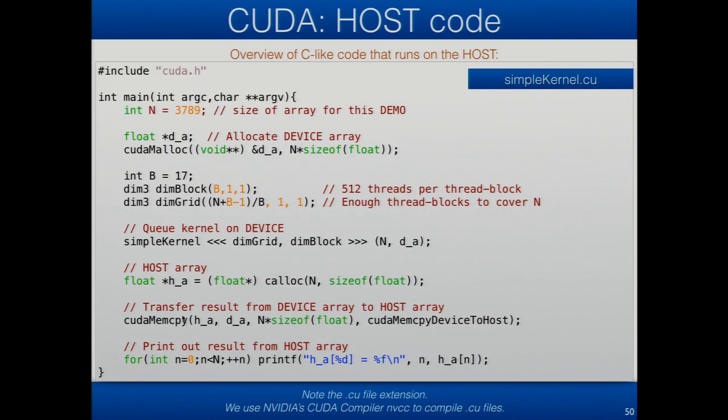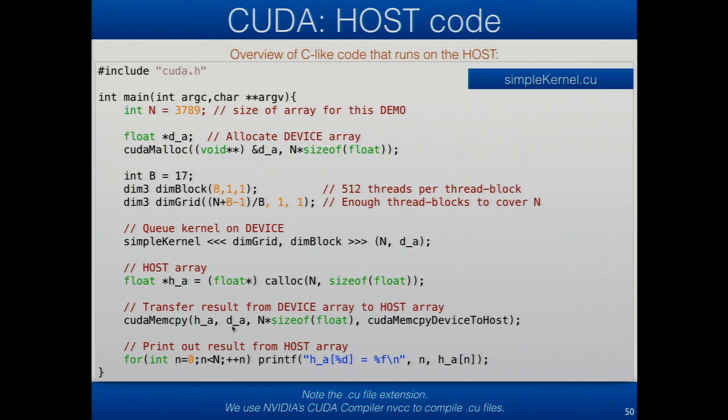It'll block till all the tasks that have queued up on the GPU have finished, and then we will copy from the device to the host. Notice I'm using a little trick to remind me which of the variables live on the device and which live on the host. D underscore for device, H underscore for host. Some people call it C underscore for CUDA, so you'll see that in the literature too.